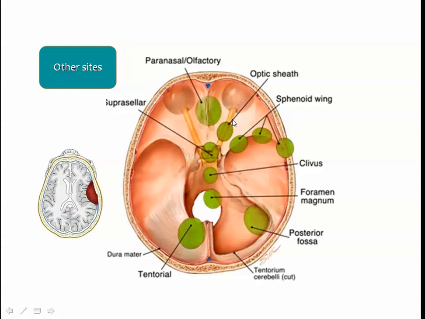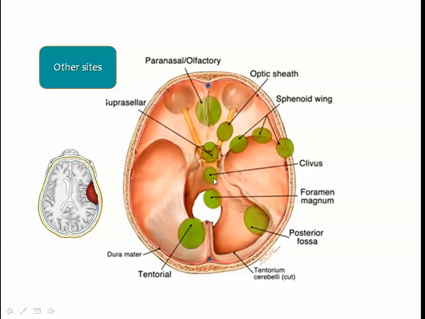Then the meningioma lying against the greater wing of the sphenoid is called the sphenoid wing meningioma, and some of the literature wants to specify if this lesion is on the medial aspect of the greater wing of the sphenoid, or in the middle or lateral aspect. And then meningioma arising from the diaphragma sellae is known as the suprasellar meningioma.